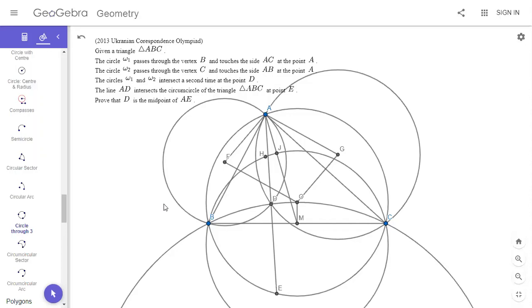So I'm just trying to think how to do it here, but if we can show angle DBC equals angle ABH, that would solve it. So let's see. Can we show DBC equals ABH? That's the same as saying DBC equals ACH.